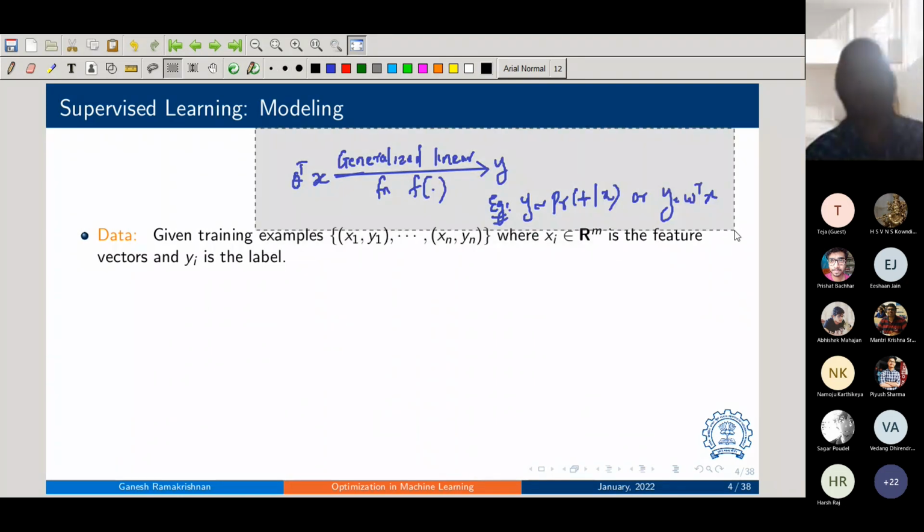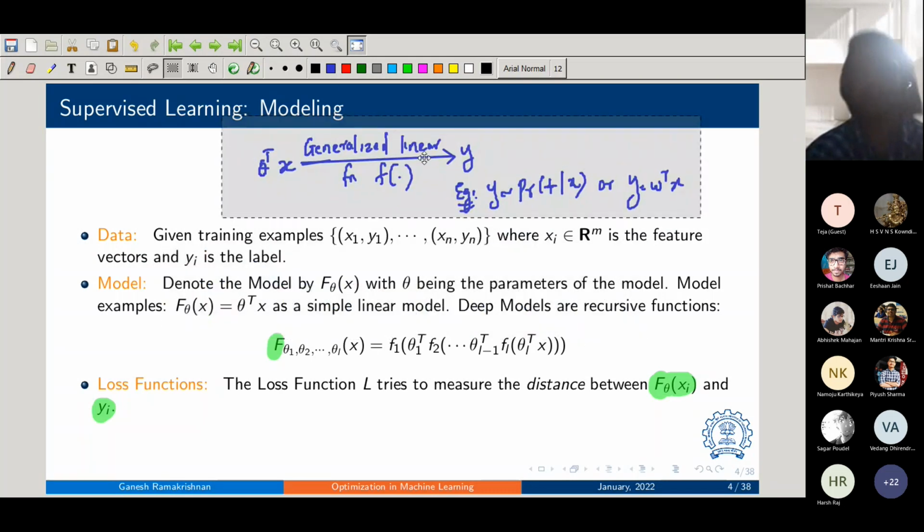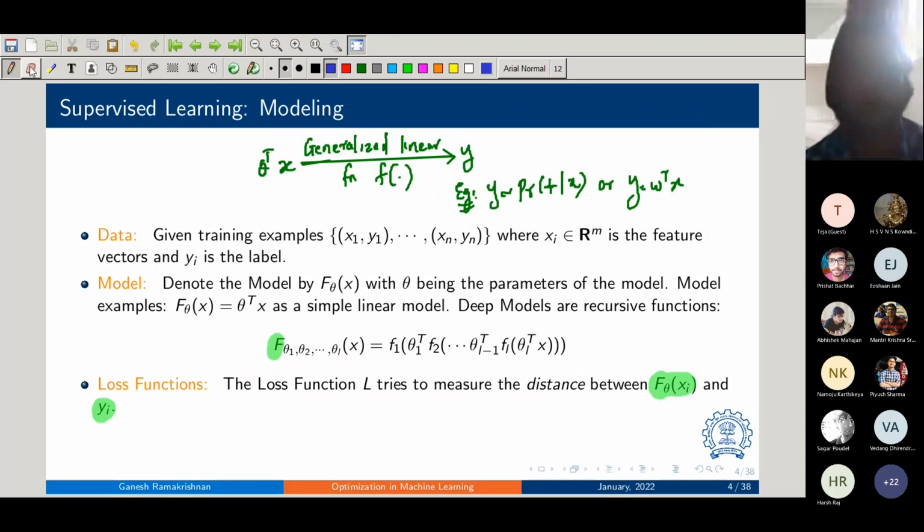Yes, this F is obtained exactly as shown in this figure. Let me make this capital F here, to be consistent. So this is capital F. What the loss is trying to do is measure the distance between this F and the y.